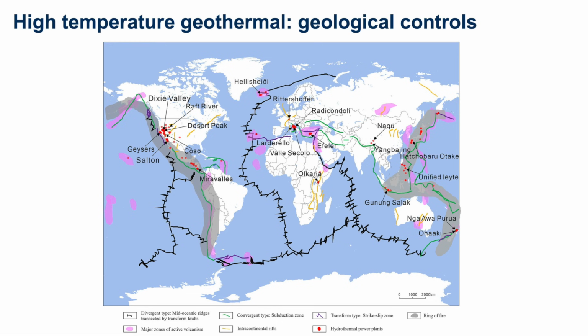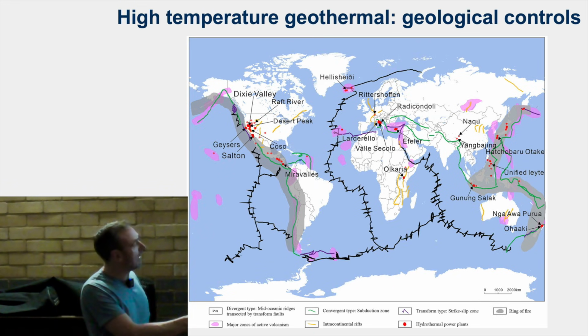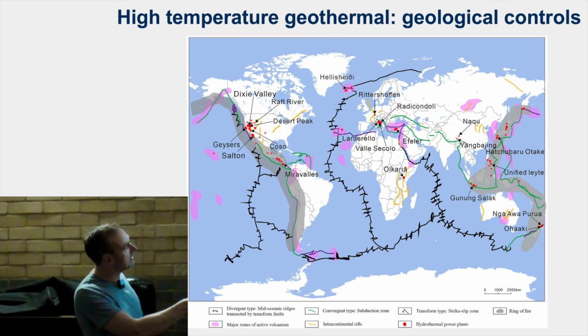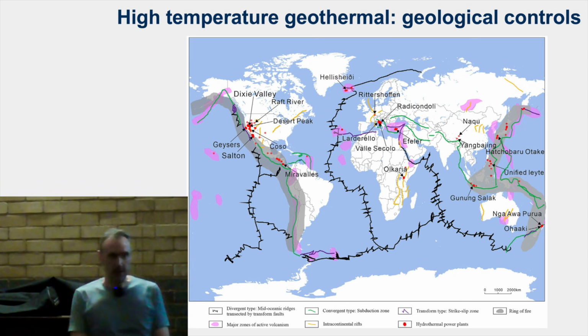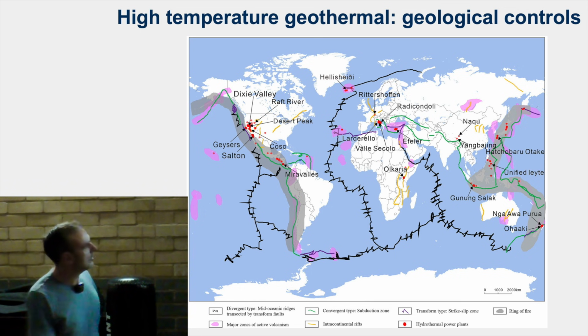So now we have a very basic control coming from tectonics, essentially, on where we have the right places for electricity generation. So what we're looking at here is a map of the main tectonic plates. We can see that the mid-ocean ridges passing through here, they really stand out on this plot. We've got subduction zones shown in green here, and we've got some intracontinental rifts shown here in yellow, where we're trying to open up the crust and maybe even form a new ocean.